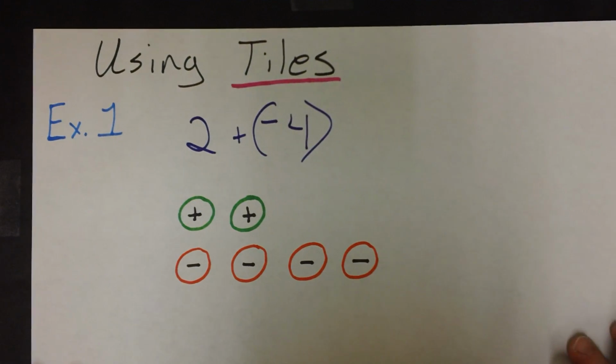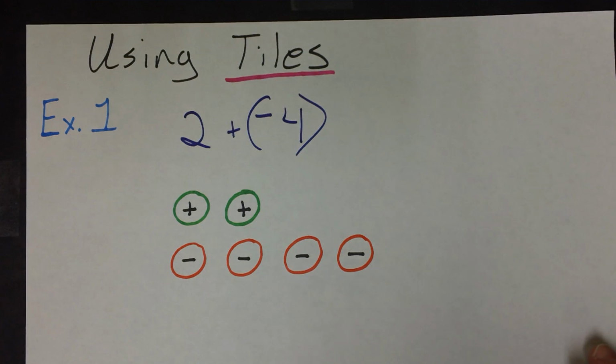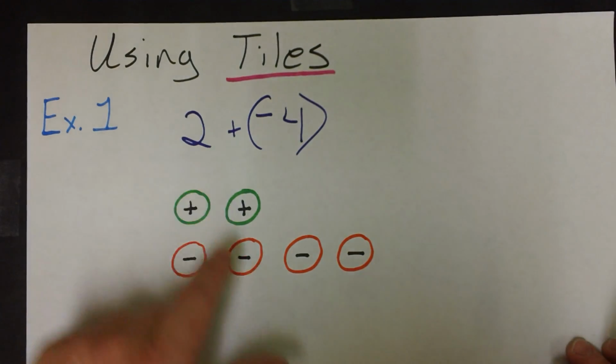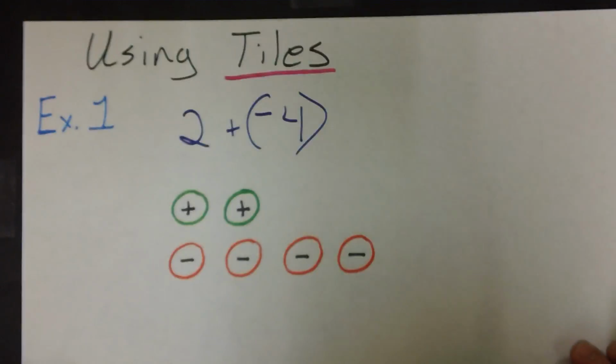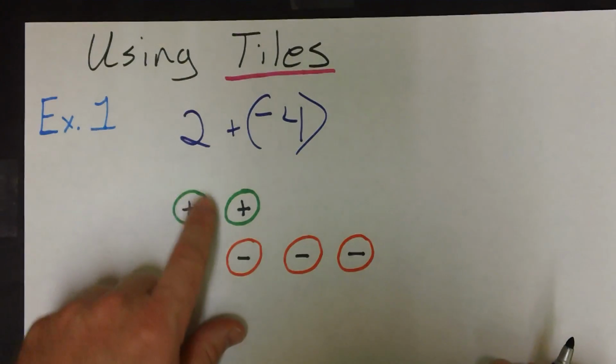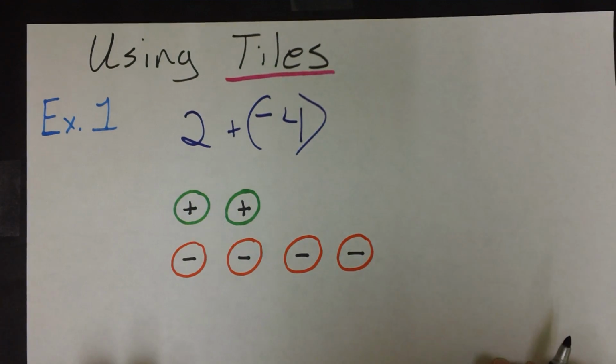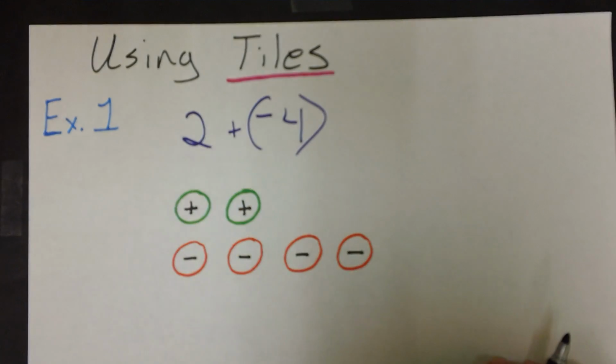Now, for our next 2 examples, we're going to use what I call tiles. Here we have a 2 plus -4. I've identified the 2 with 2 positive green tiles or circles. We're going to add to that -4.